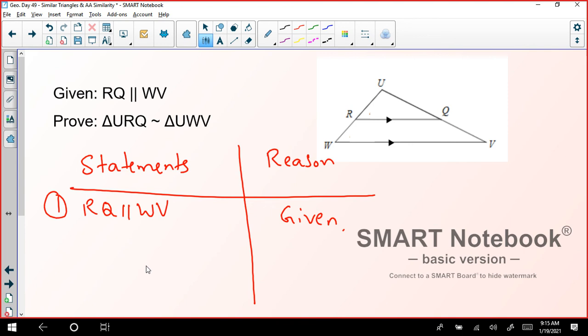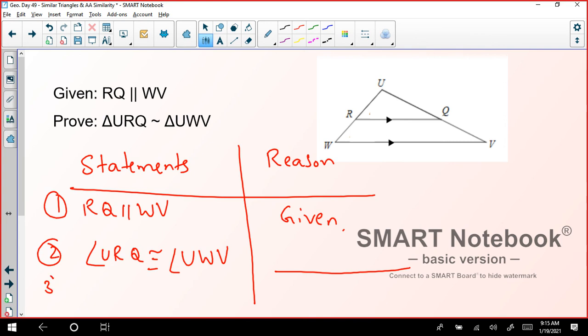The next, I will say that angle URQ is congruent to angle UWV. Okay, fill the reason for this one. And next, I'll also say that angle UQR is congruent to angle UVW.